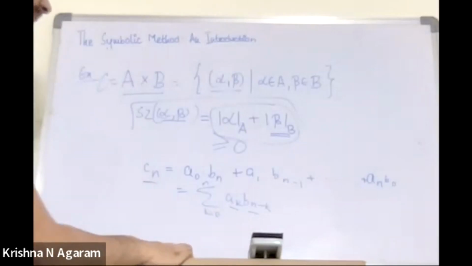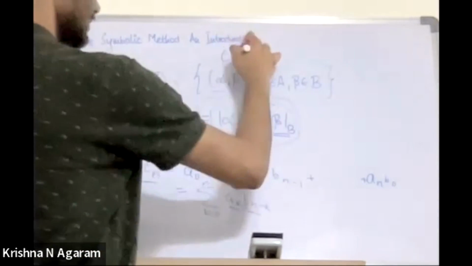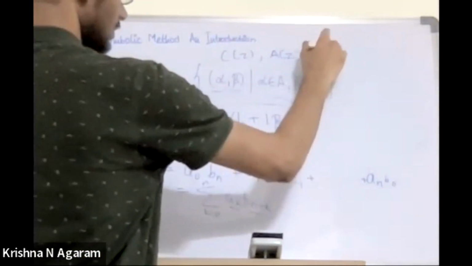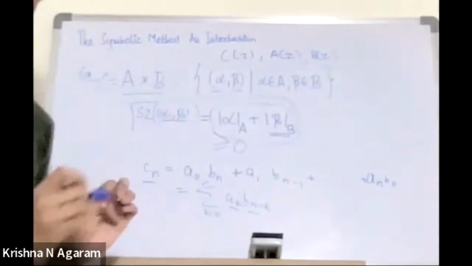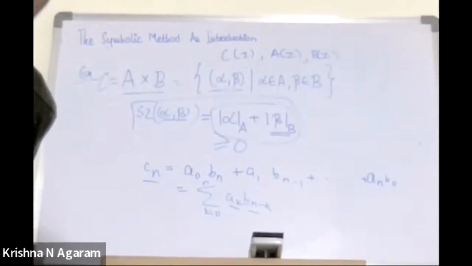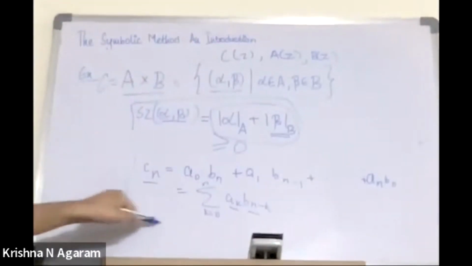Okay, so do you see a connection between the generating functions CZ, AZ, and BZ? Do you see something? A generating function between what? Of A, B, and C.